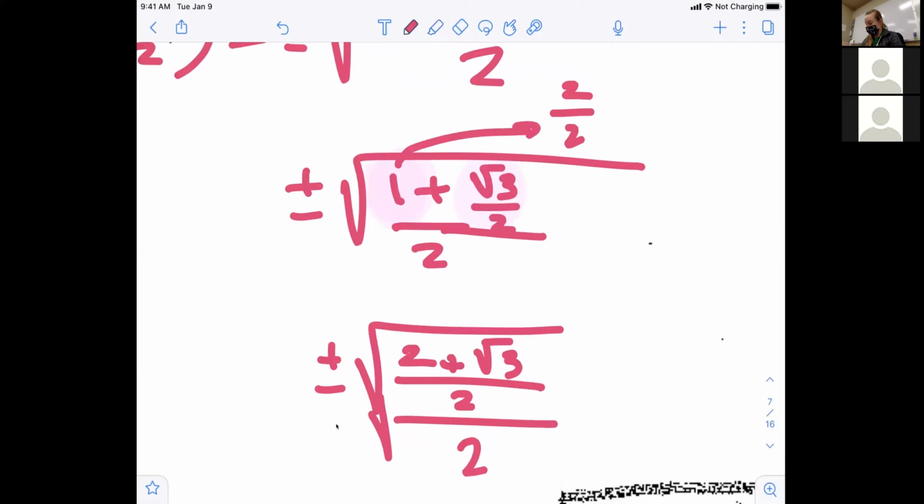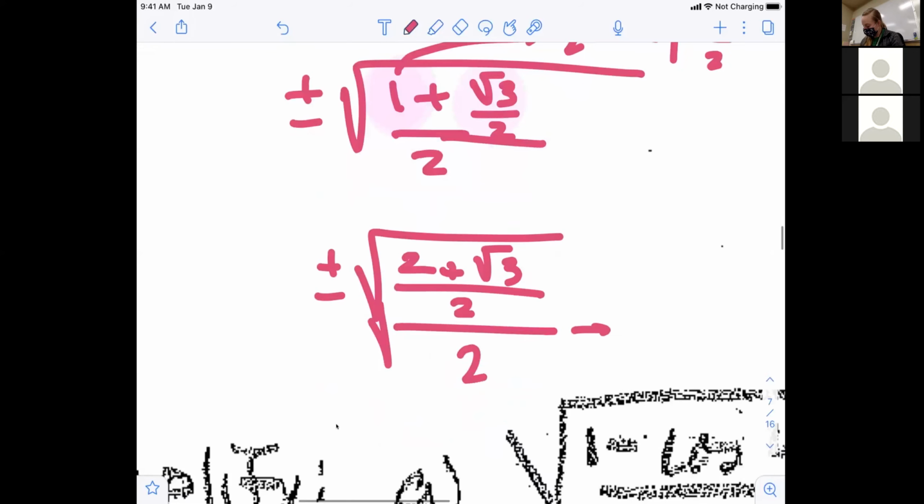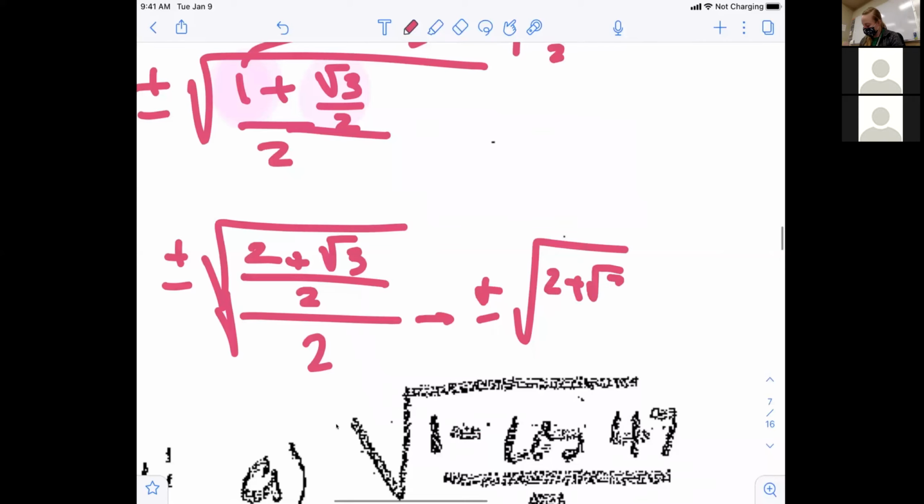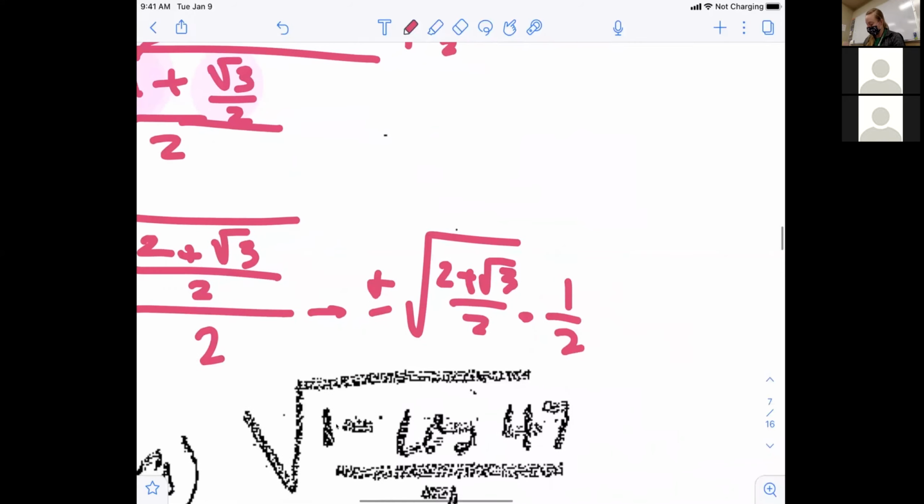If I didn't know that, I could think of, okay, what do I need to multiply 1 by on top and bottom? It'd be 2 over 2, which is why it equals just 2 over 2. Now I'm going to multiply by the reciprocal. So I've got plus or minus radical of 2 plus root 3 over 2 times 1 over 2. Which is not going to cancel anything out, which kind of sucks.